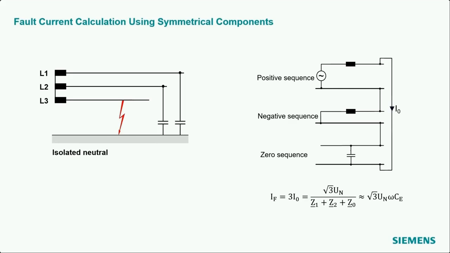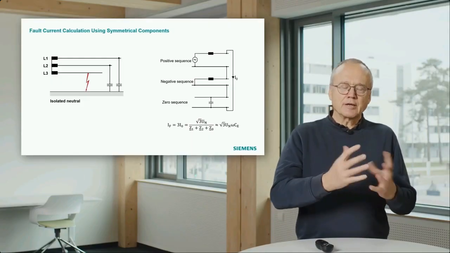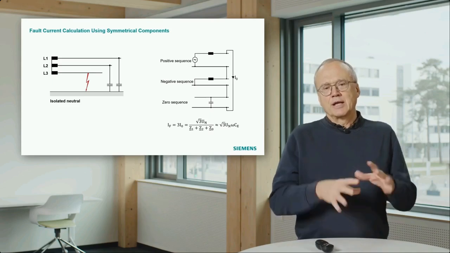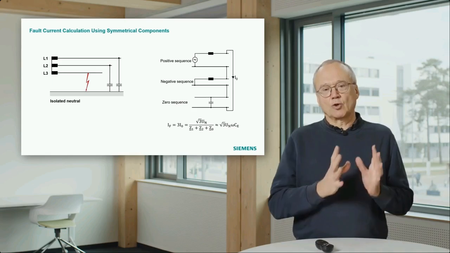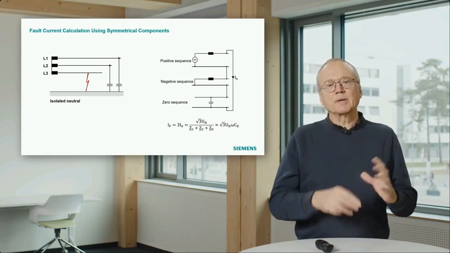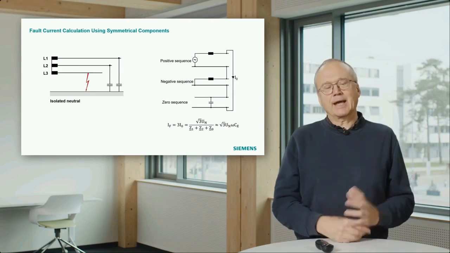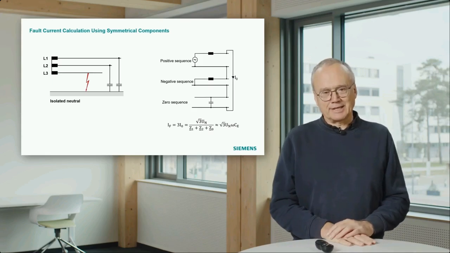Why do we do that? In a three-phase system, we have the situation that every current influences every other current. That means if you make a mathematical representation of such a system, you get a matrix where all elements are filled. And hand calculations with that are normally not that easy.